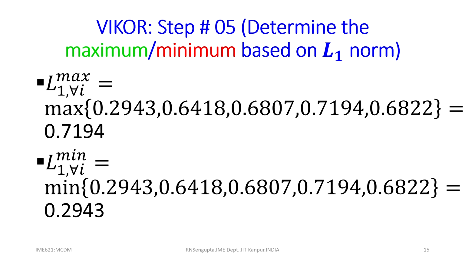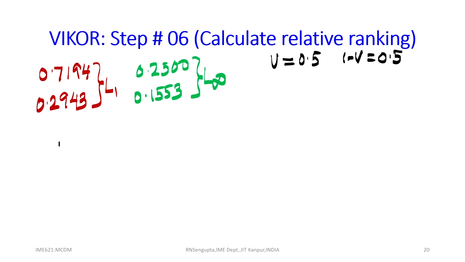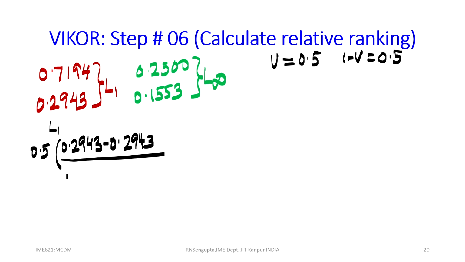So, it is 0.5 into 0.2943 minus the minimum value 0.2943. This is for L 1, remember, and in the denominator it is max minus min, 0.7194 minus 0.2943. So, this is the first part, plus 1 minus V, which is 0.5, for the infinity norm.